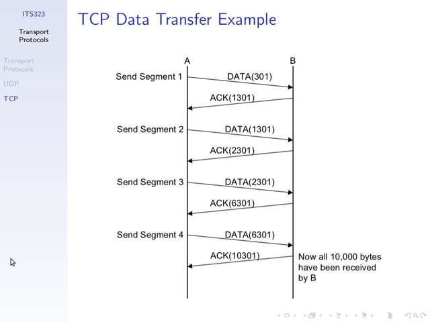One more example before we move on to error control. Here we had a very simple transfer of data, ACK, data, ACK, data, ACK, like stop and wait. It doesn't have to be like that. Remember, we can use a sliding window. It could have been more like this.